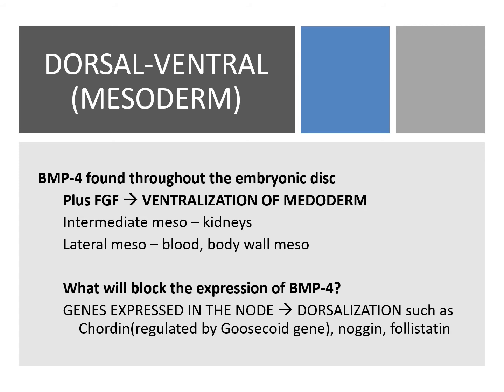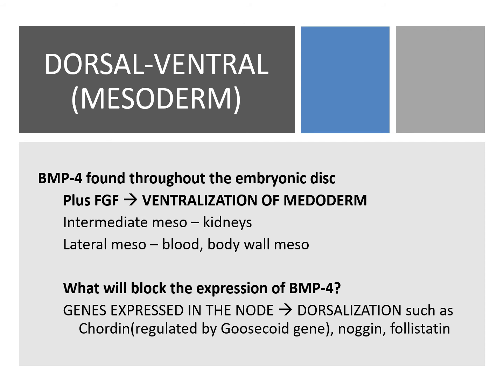The bone morphogenetic protein 4 or BMP4, which is found throughout the embryonic disc, together with the FGF or fibroblast growth factor, will lead to the ventralization of the mesoderm. Whenever BMP4 and FGF are present, the intermediate mesoderm will become ventralized to form the kidneys.